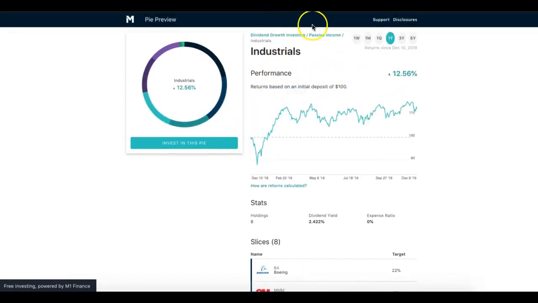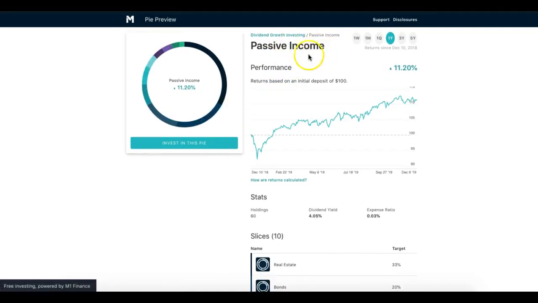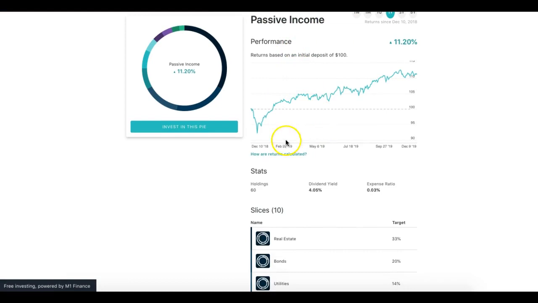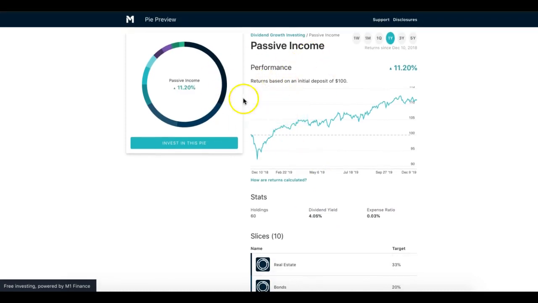And over time, the goal of a setup like this is, when you get older or when you decide to stop working, you can withdraw from the dividend. You can withdraw money from the interest and live off of it. All right, so that's the point of a portfolio like this.